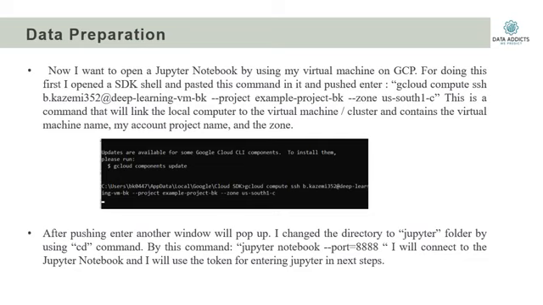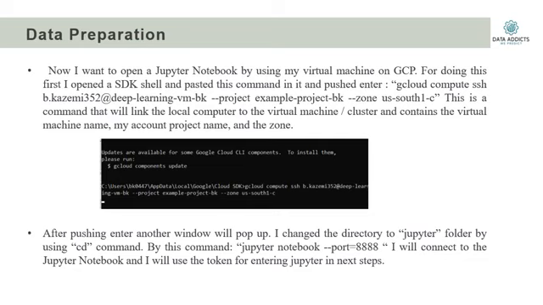And if you look at this specific command, you can see the name of my project and the zone that I use for connecting to the cloud. My zone is US South 1, and also you can see my account and my virtual machine name.